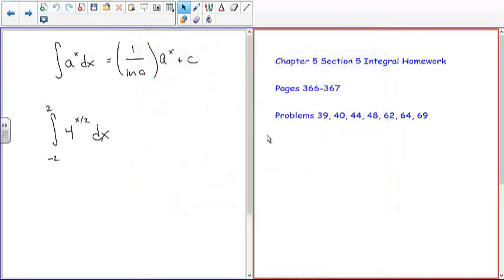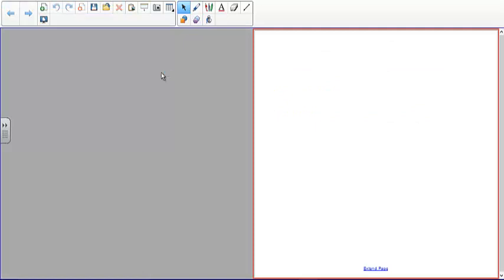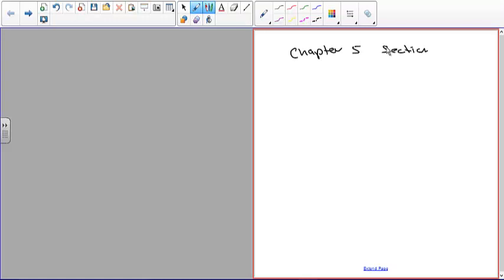Chapter 5, section 6 is associated with inverse trig functions.